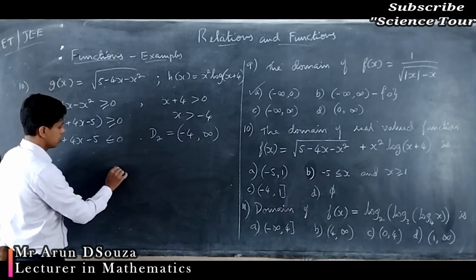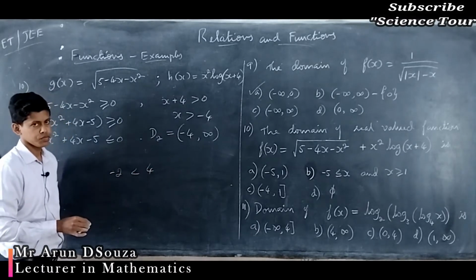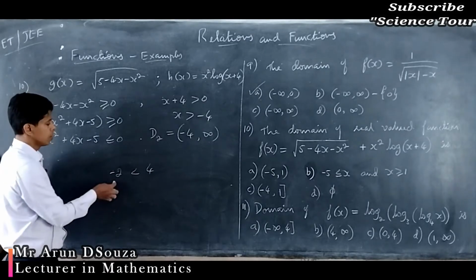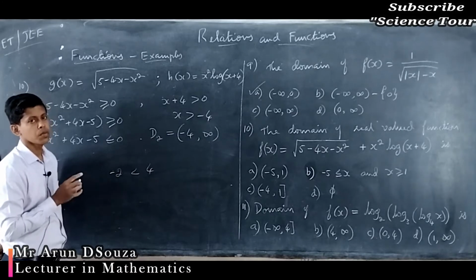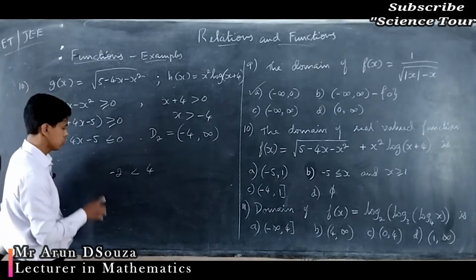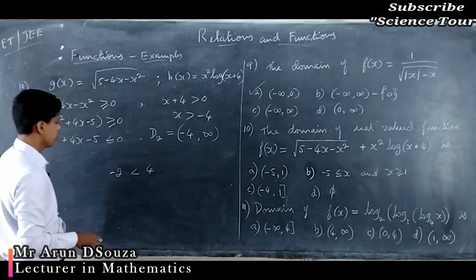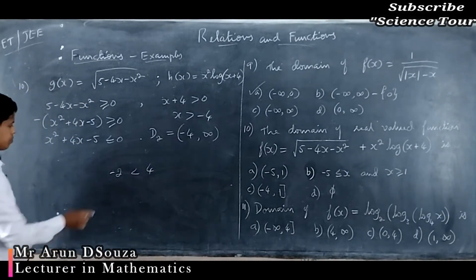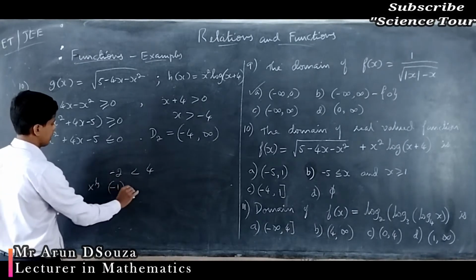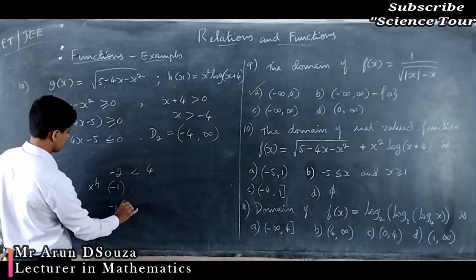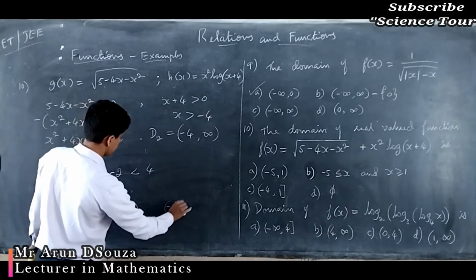If you have minus 2 less than 4. Now if you multiply by plus 1, minus 2 is less than 4, correct? So if you multiply by minus 1, then what will happen? This will be minus 1 into minus 2 and this will be minus 1 into 4.